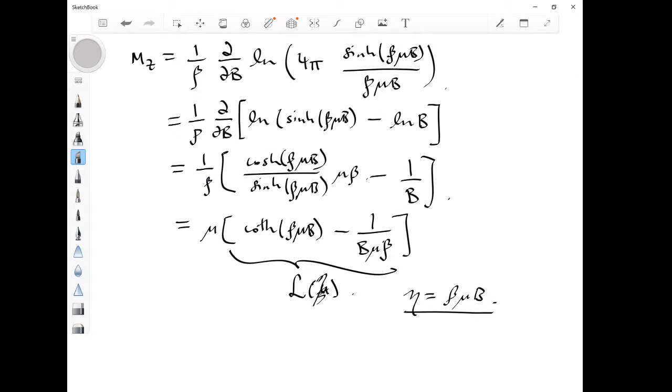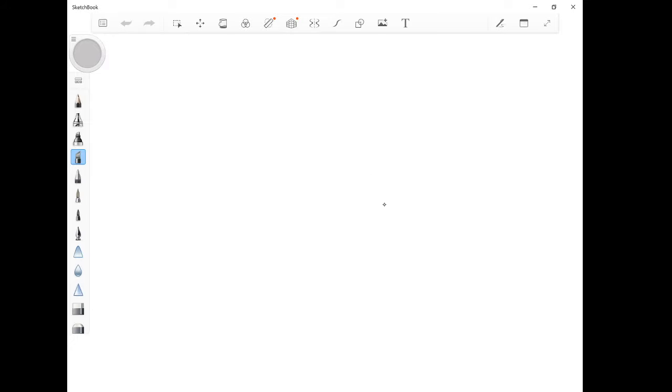So the last part of the question, or the second last part, sorry, is finding the mean magnetic moment per unit volume. And so what we have is m z naught is equal to n0 mu times the Langevin function of eta.